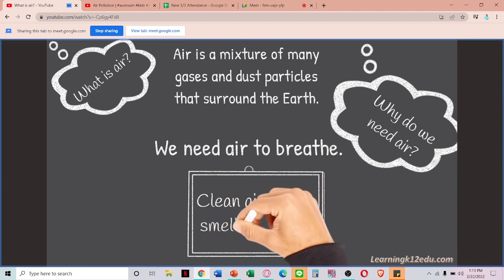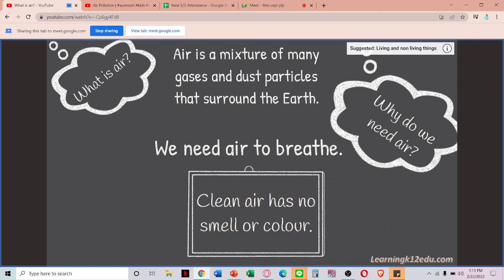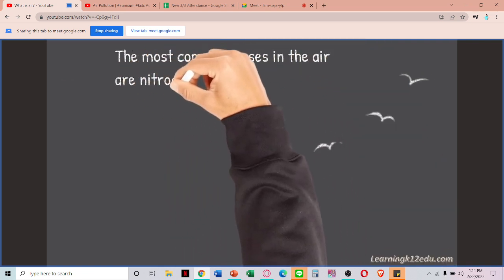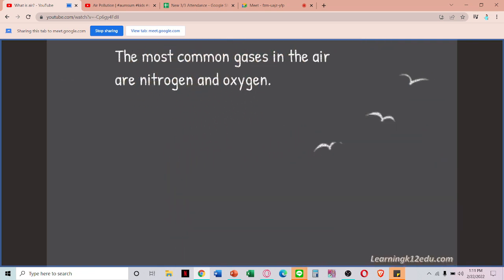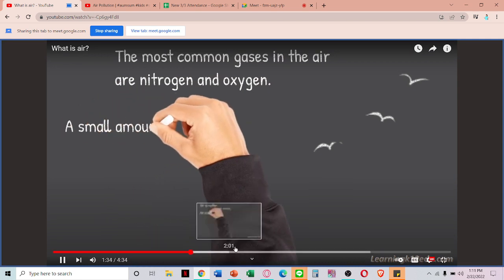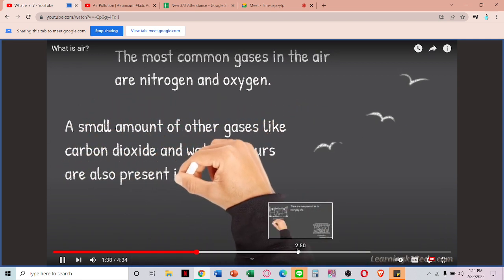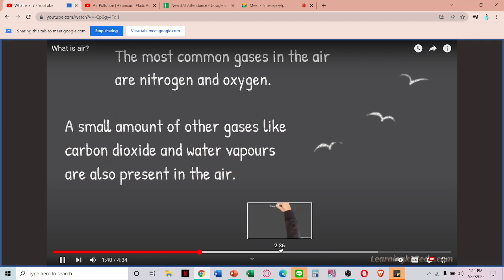Clean air has no smell or color. The most common gases in the air are nitrogen and oxygen. A small amount of other gases like carbon dioxide and water vapors are also present in the air.